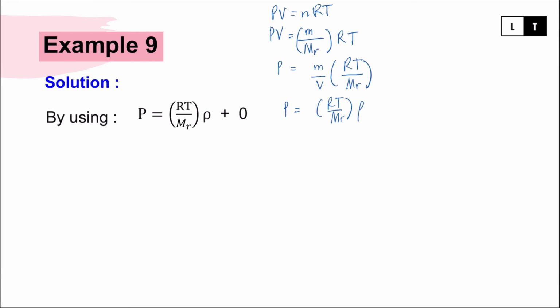So rho is our density, mass of solution over volume of solution. So that is why you get this formula for this part.